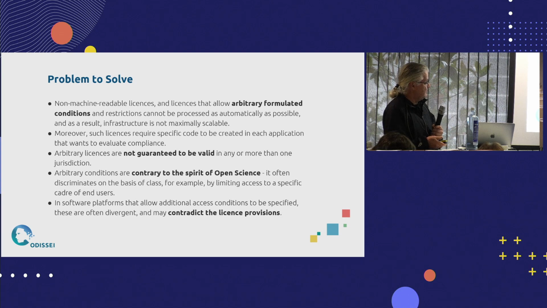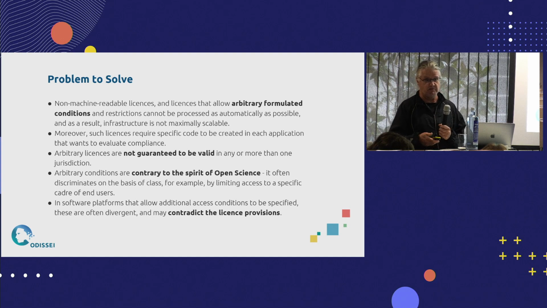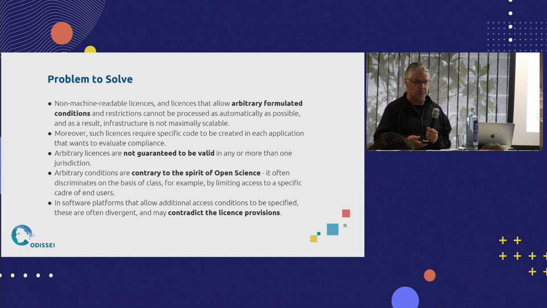Another typical problem that one runs into is that people specify arbitrary licenses and access conditions all over the place, but they don't necessarily apply across different jurisdictions, and they may not apply where that data is being used. That's one of the great benefits of Creative Commons licenses, of course, that their legal code has been tested in many jurisdictions, and they are as universally applicable as can humanly be possible.